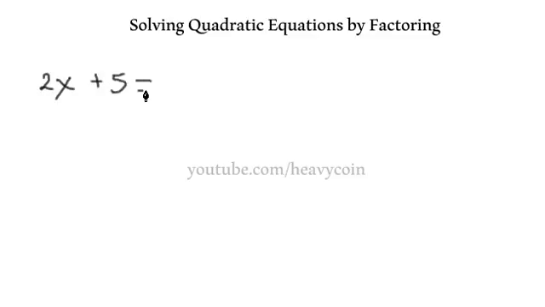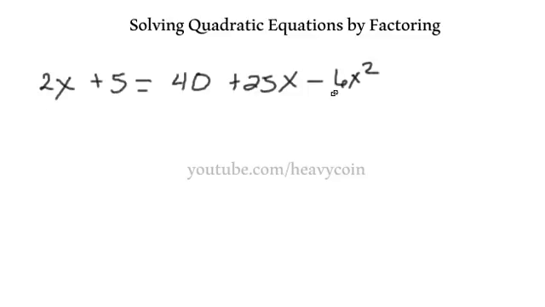That comes from me. 2x plus 5 is equal to 40 plus 25x minus 6x squared. A quadratic equation could look like this. Let's get everything over to one side, and it's usually everything's over to the left hand side.